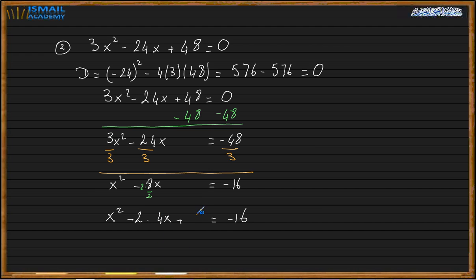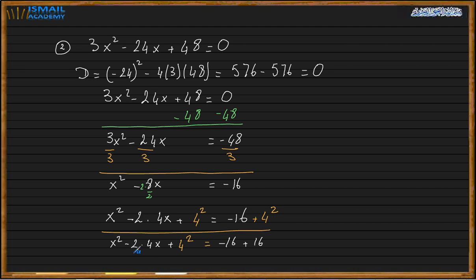So I will add 4 squared both sides. In that case I will end up having x squared minus 2 times 4x plus 16, or I prefer to keep 4 squared, so it's not gonna hurt. And here I will have minus 16 plus 16.